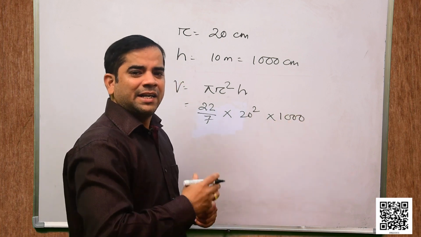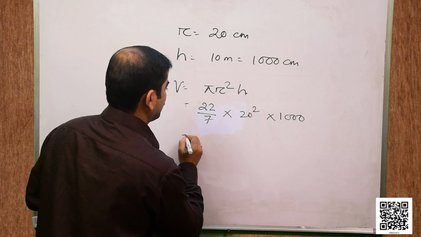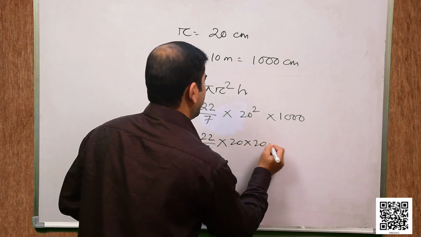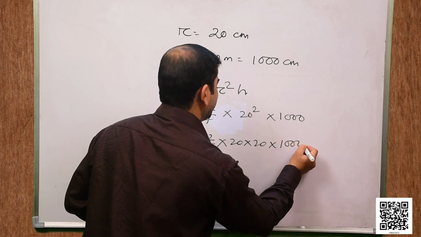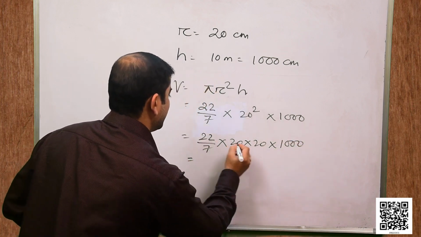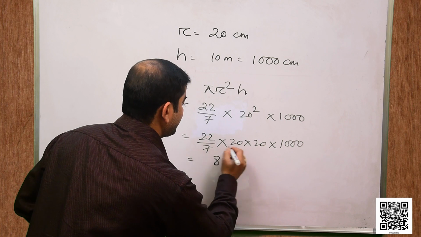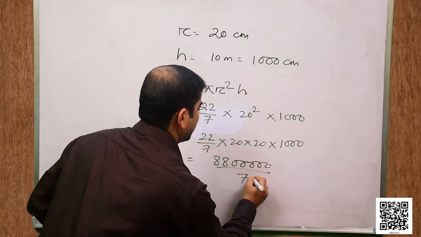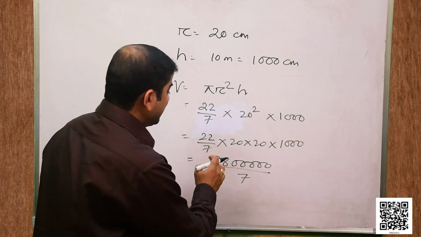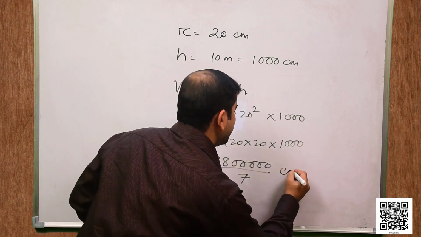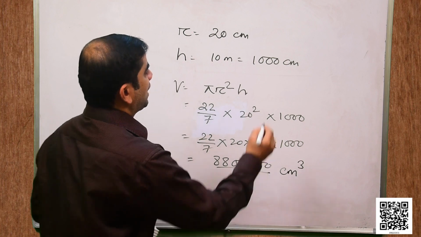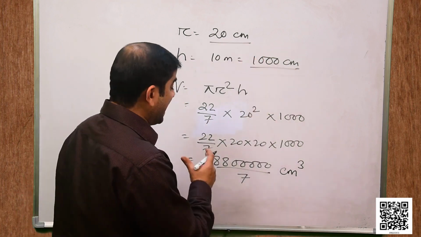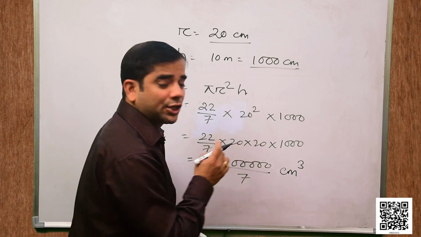Okay, that gives us 22 by 7 into 20 into 20 into 1000. So students, this is in centimeter cube because we have taken the unit as centimeter. So the volume is 88 lakhs centimeter cube.